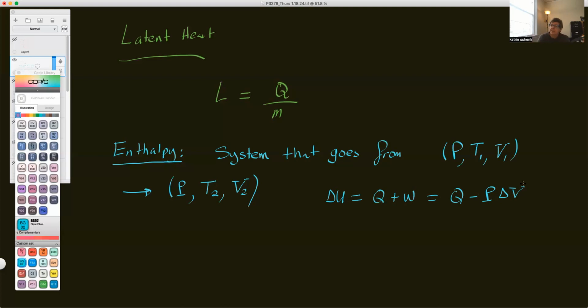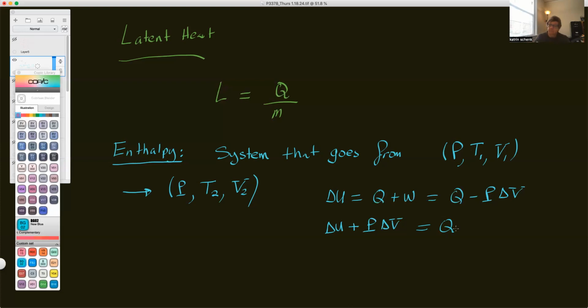So now I'm going to pull that P delta V over to the other side. So I have delta U plus P delta V. Remember that P is a constant. And I'll put the heat over here. So the idea here is let's keep track of the heat without having to keep track of all the compression work that we're doing.